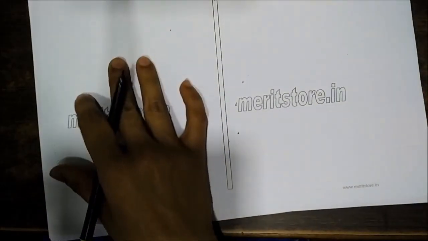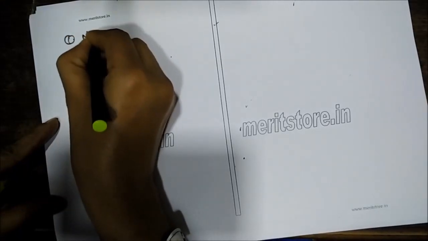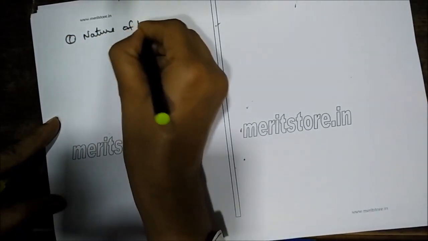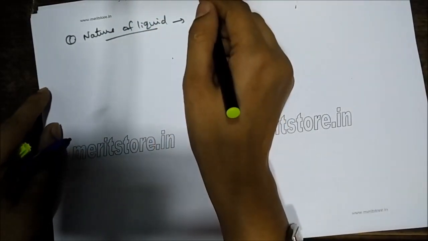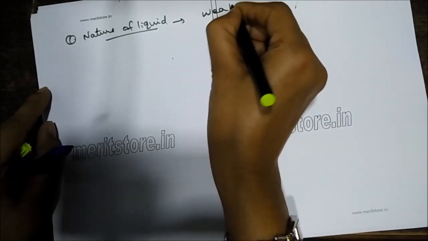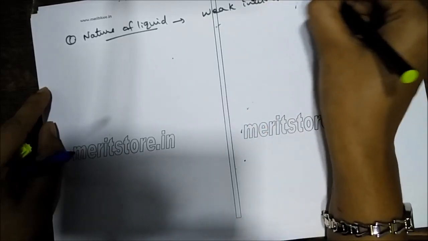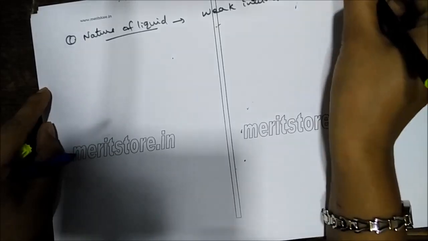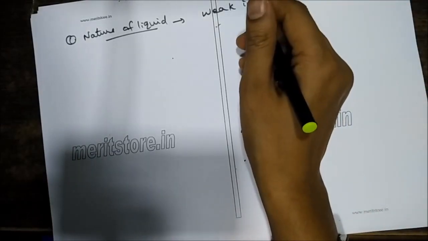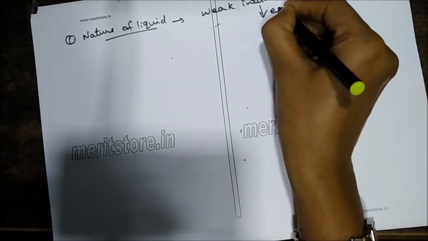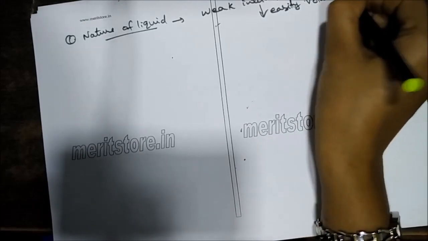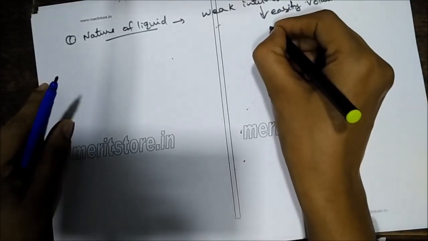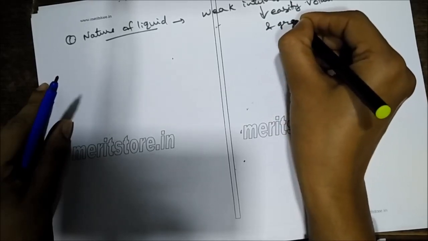First is nature of liquid. If a liquid is having weak intermolecular forces, then it will be easily volatile, and then it will be having greater vapor pressure.